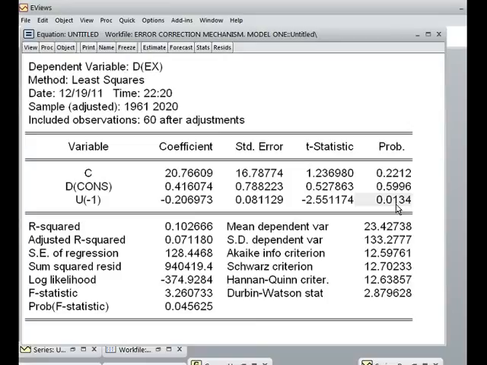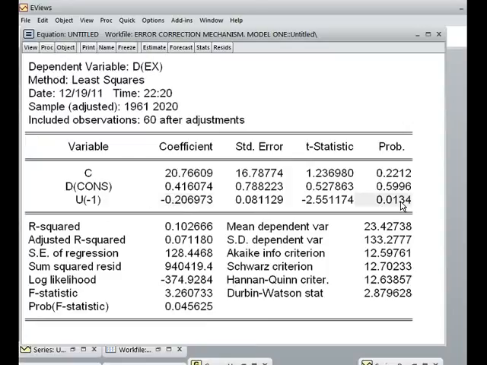And when the p-value is less than 5%, then that particular variable becomes significant. So here the error correction term is significant. Okay, it has a negative sign and also it is significant.